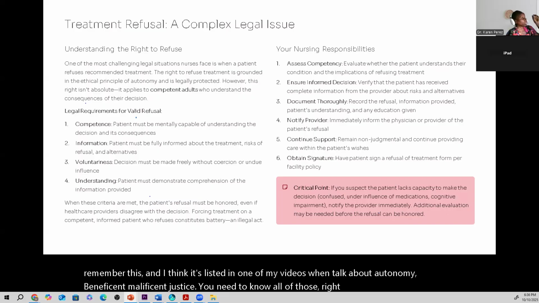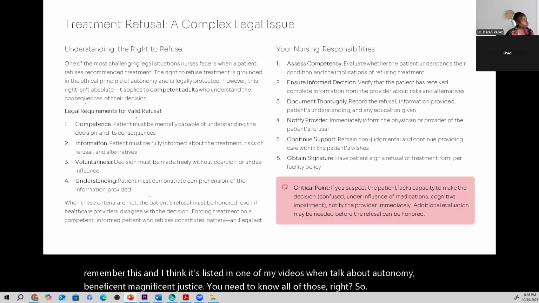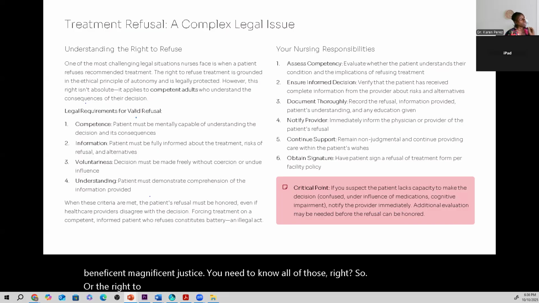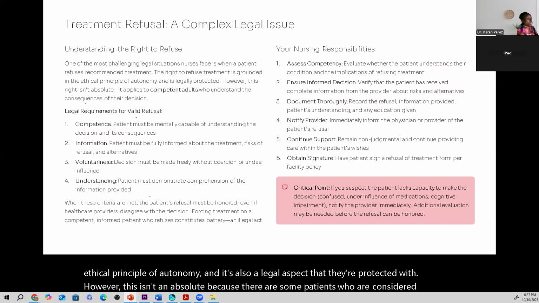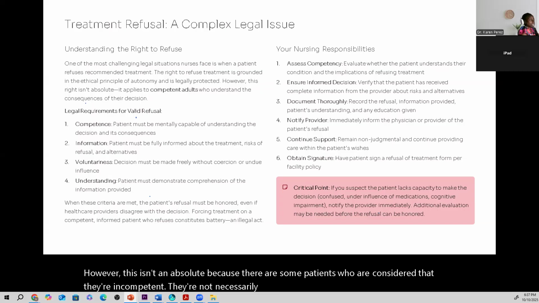The right to refuse treatment comes underneath the ethical principle of autonomy, and it's also a legal aspect that they're protected with. However, this isn't absolute, because there are some patients who are considered incompetent.